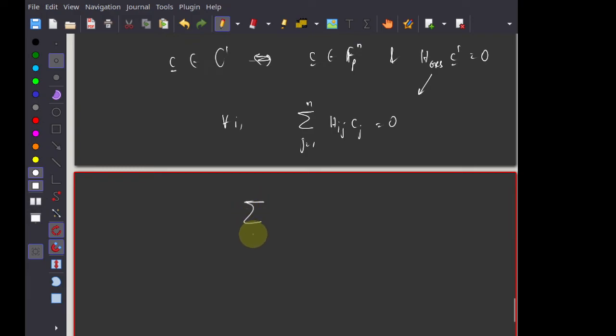So again I have the same basis for the entire Fp to the m: summation j equal to 1 to n of omega h_ij c_j should be equal to the zero vector over Fp. So c is a code word. So any c in Fp to the n is a code word if and only if this holds for all i.